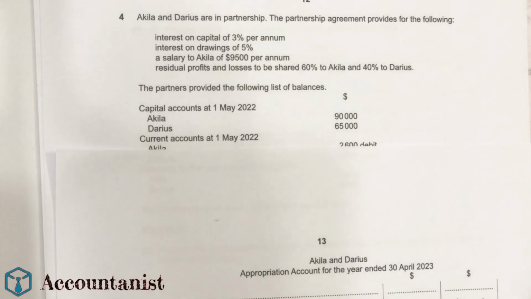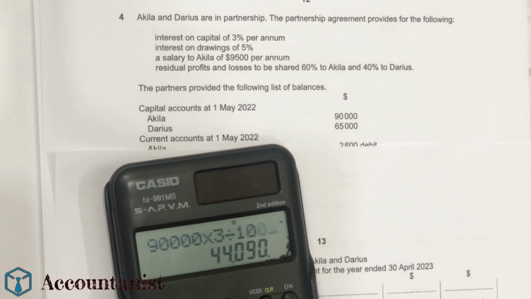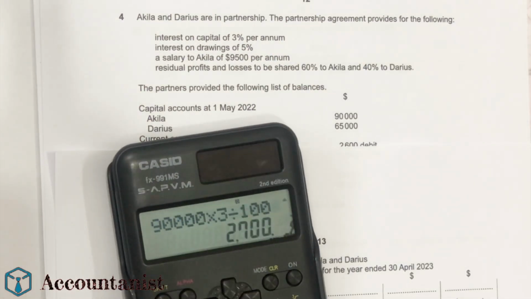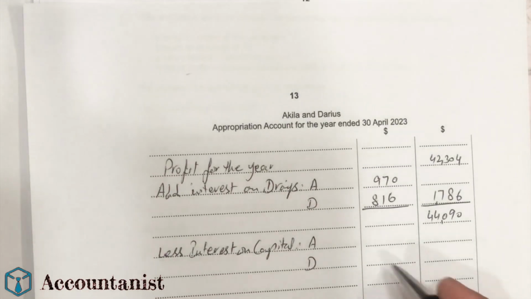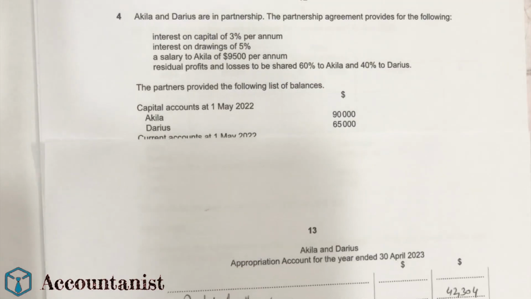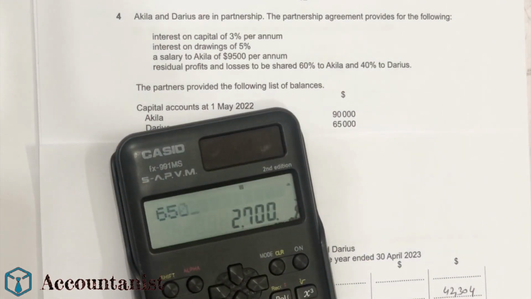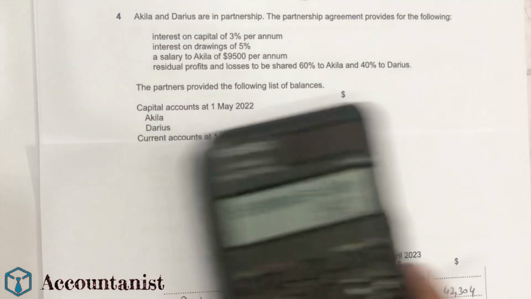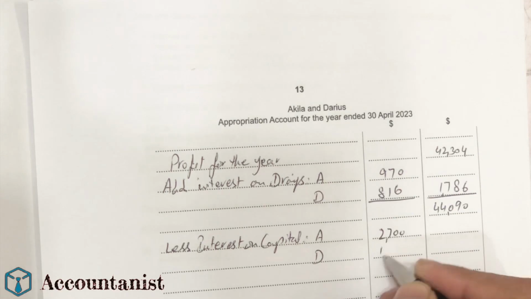So for A, 90,000 into 3% gives me a total of 2,700. So against A, I will write down 2,700. And for D, the capital amount is 65,000, and I have to take 3% of 65,000, which gives me a total of 1950. So 1950 will come up here.